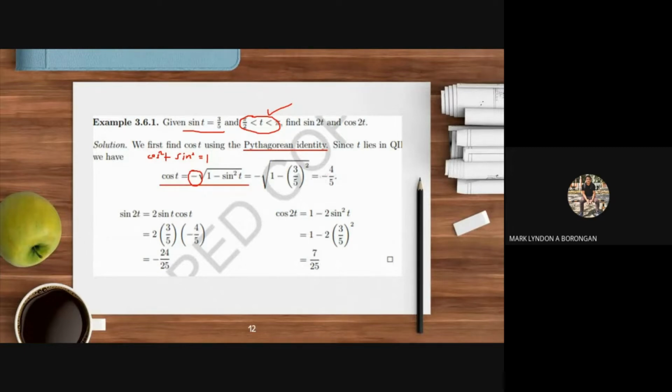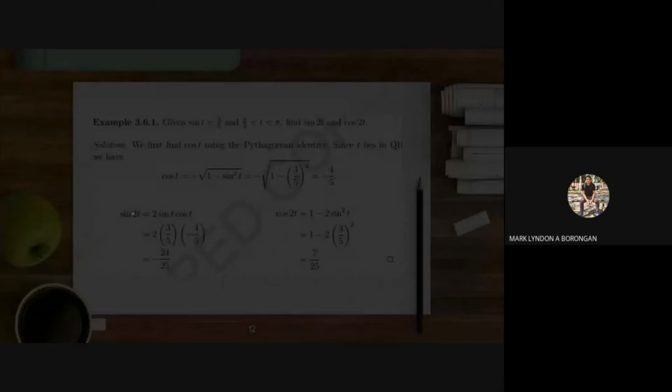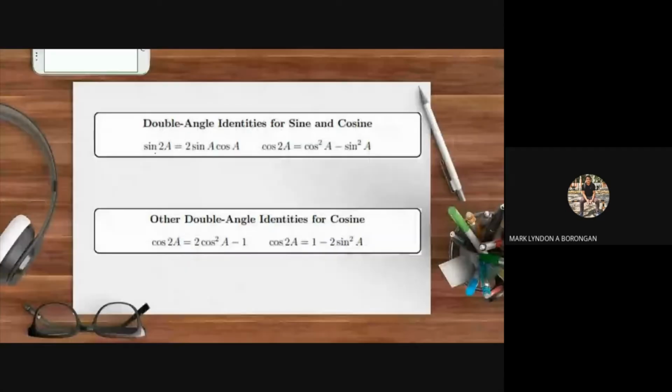So we have cosine of t, and we also have sine of t. All you have to do now is to find sine of 2t and cosine of 2t. We can now use our identity: sine of 2a is equal to 2 sine of a multiplied by the cosine of a.